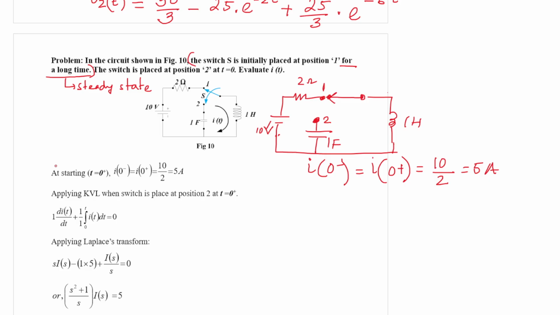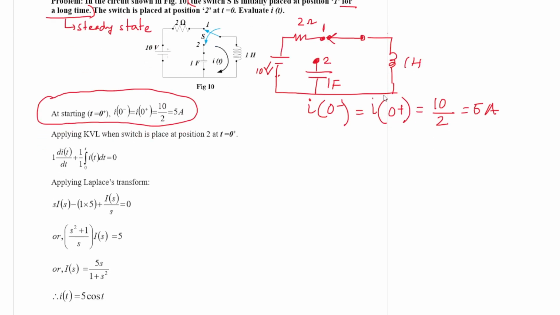This is the initial condition. Now at t equal to 0, we have the 10 volt source and 2 ohm resistor at position 1. At t equal to 0, the switch is now placed at position 2.